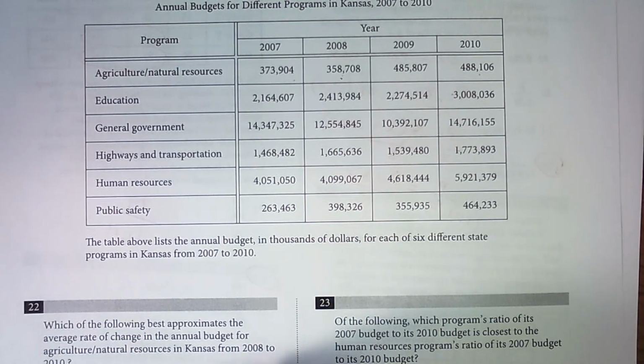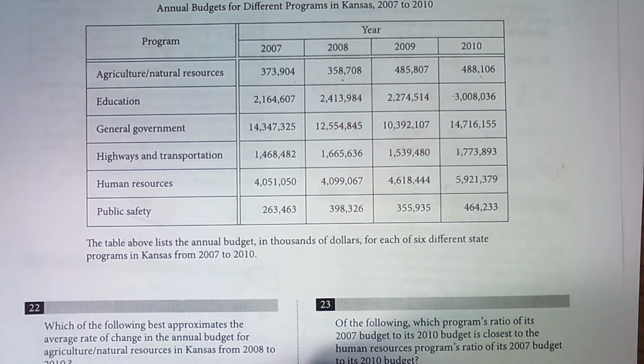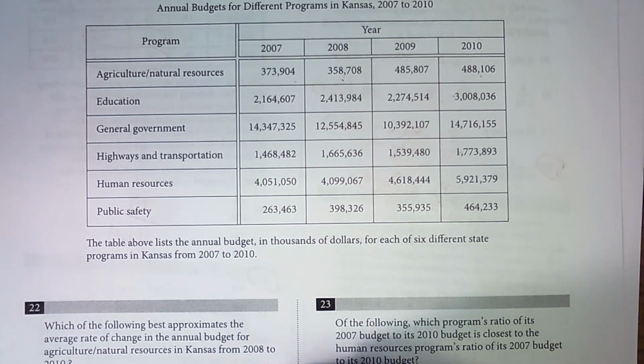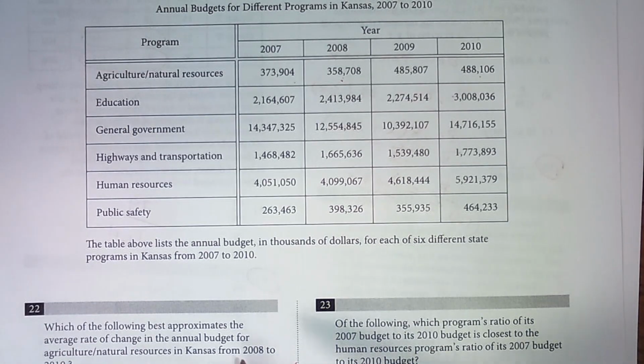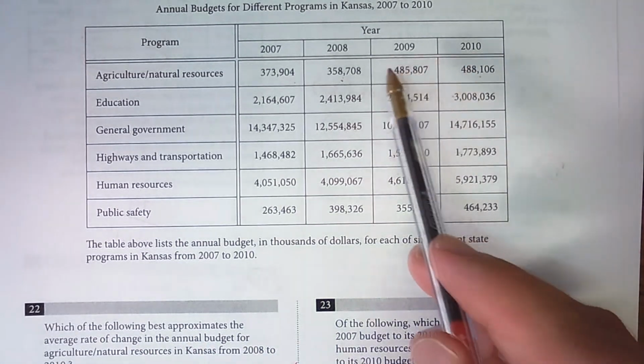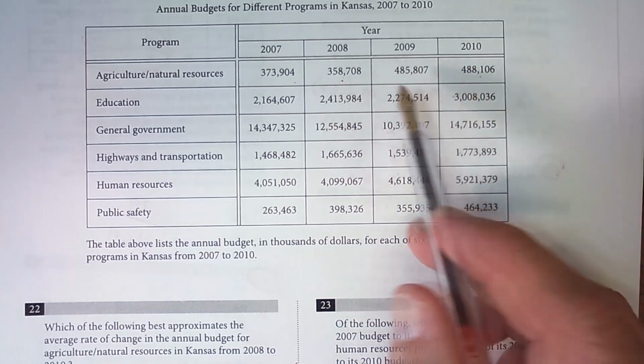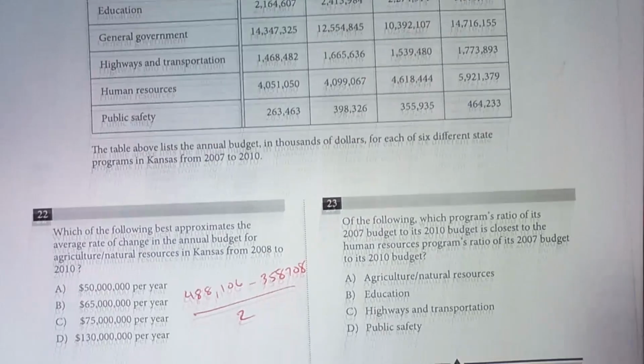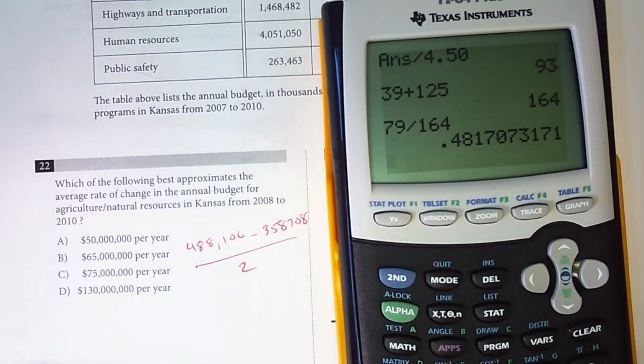I want to find the difference. So the difference is 488,106 minus 2008, 358,708. Okay? And to find the average rate of annual increase, I'm going to divide by the number of years difference here, and that's a 2-year span from 2008 to 2010.